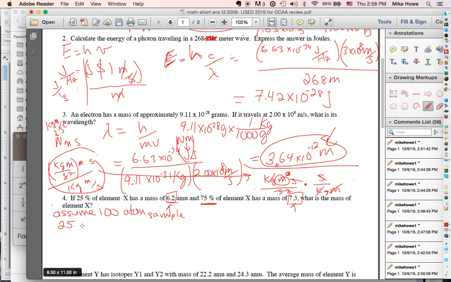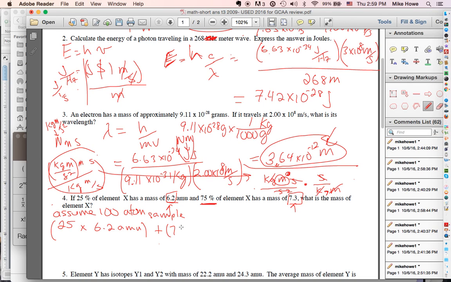So 25 atoms multiplied by 6.2 AMUs. And then how many atoms do I have that weigh 7.3? 75 out of my atoms would be 7.3, so 75 times 7.3.